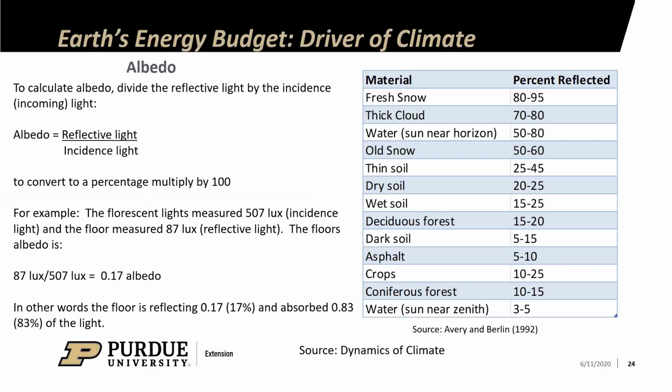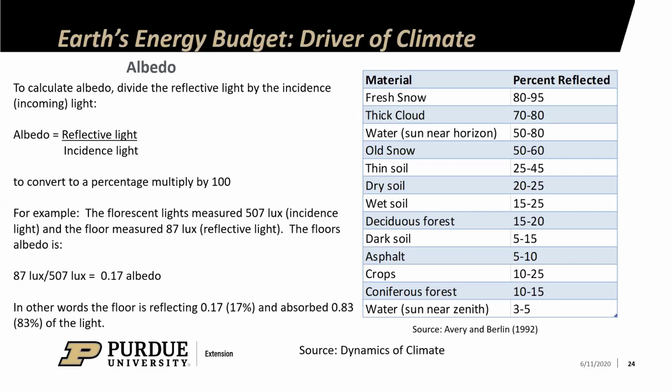Okay, and we do need to get into the concept of albedo a little bit, which is defined here in a very scientific manner with an example, but the basic concept of albedo is the amount of reflected sunlight from that surface, or the amount of reflected radiation from that surface.